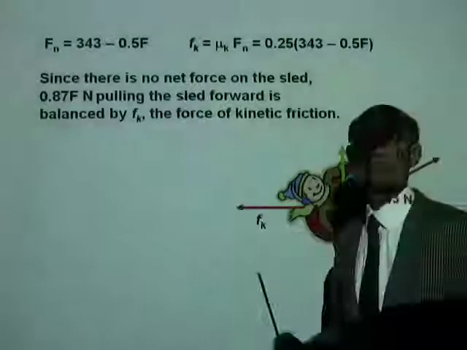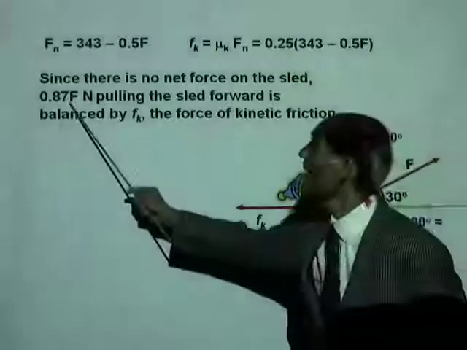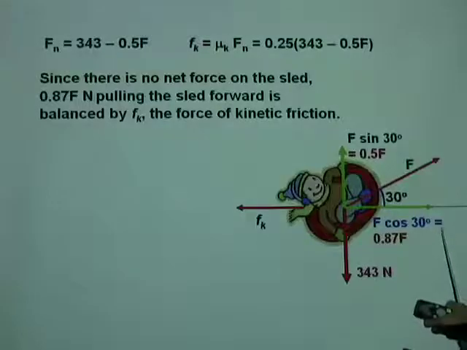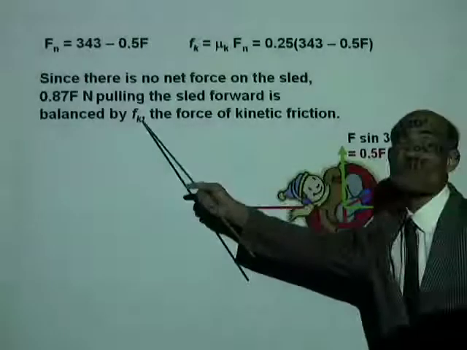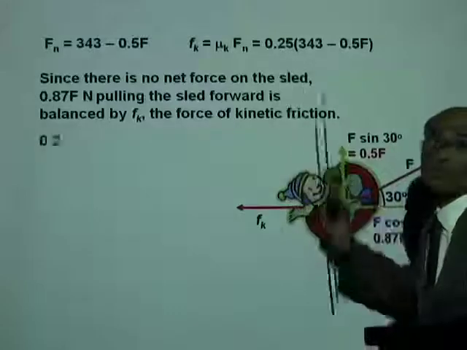Now, since there is no net force on the sled, 0.87 F Newton pulling the sled forward is balanced by Fk, which is this quantity.